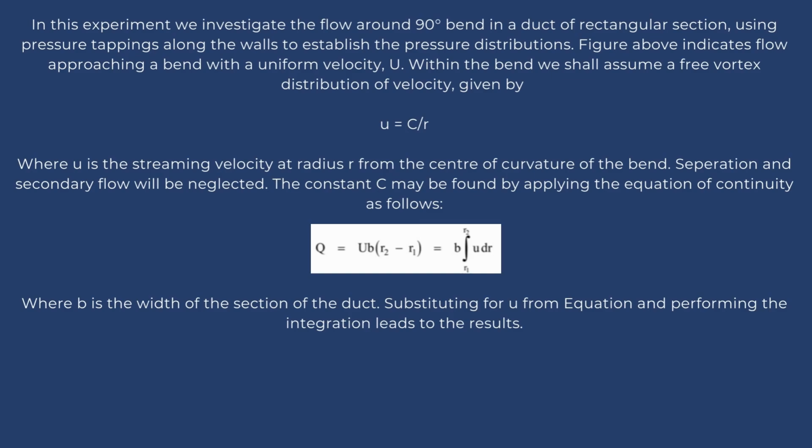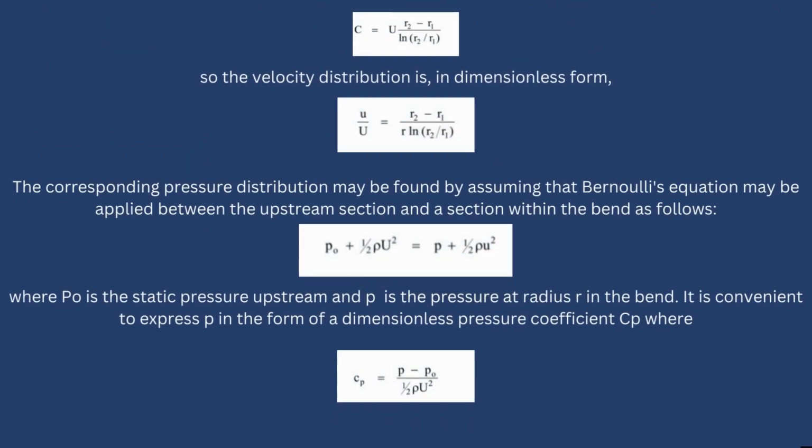The constant may be found by applying the equation of continuity as follows, where B is the width of the section of the duct. Substituting for U from the equation above and performing the integration leads to the result. So, the velocity distribution is in dimensionless form. The corresponding pressure distribution may be found by assuming that the Bernoulli equation may be applied between the upstream section and a section within the bend as follows, where P0 is the static pressure upstream and P is the pressure at radius R in the bend.